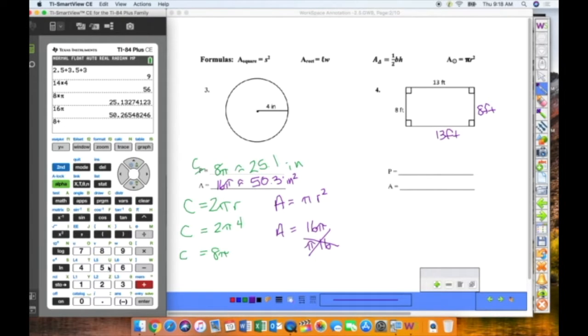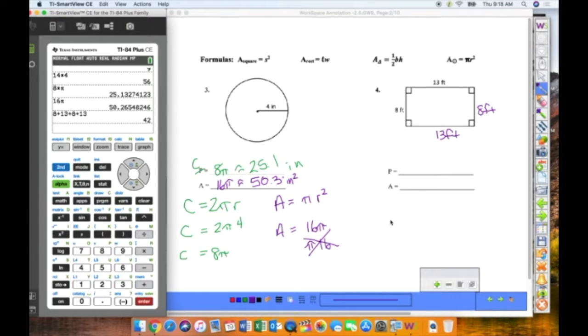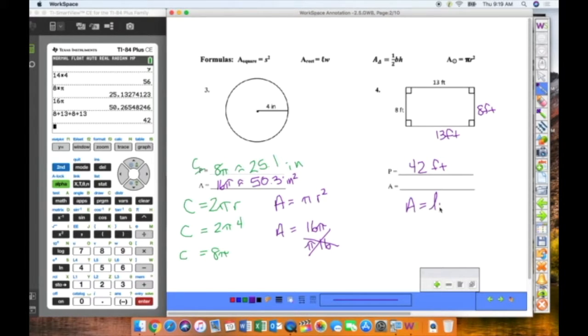There is a formula, 8 plus 13 plus 8 plus 13. But quite honestly, we are going to have so many formulas this year. It's like when it comes to perimeter, all you got to do is just add those things up. So it's 42 feet. I'm not concerned that it's like, well, it's 2 times this plus 2 times this. I don't care.